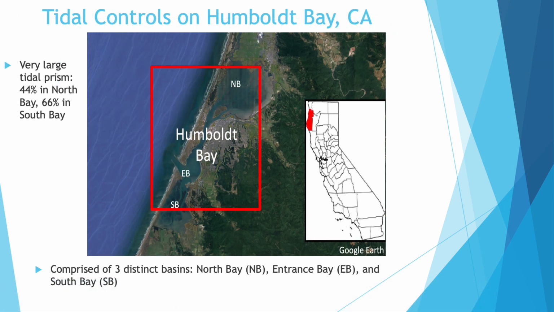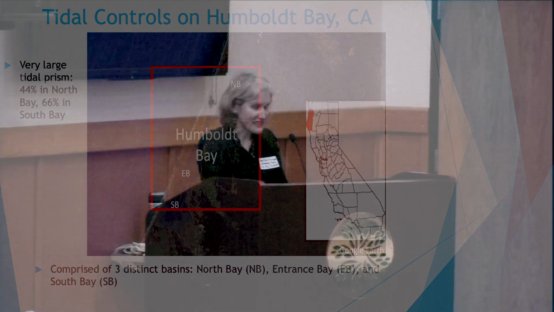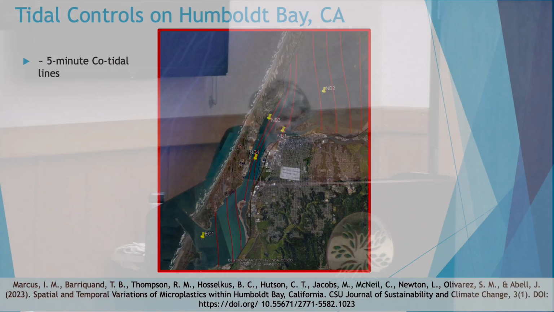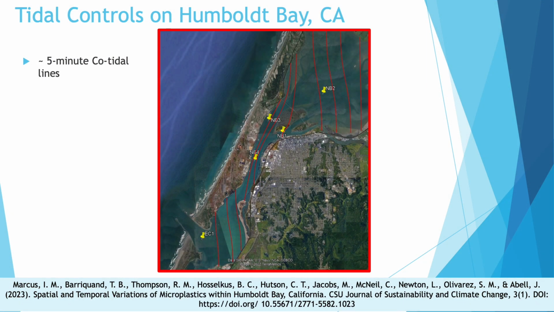So first, to get started, of course, you've seen Humboldt Bay. We all know this. It has a very large tidal prism, about 44% in the North Bay and 66% in South Bay. And this area right here of Humboldt Bay, if we blow this up, and look at some of the data from around where we have this marker here for MB4, and some of the tidal data at other locations, we were able to draw these tidal lines.